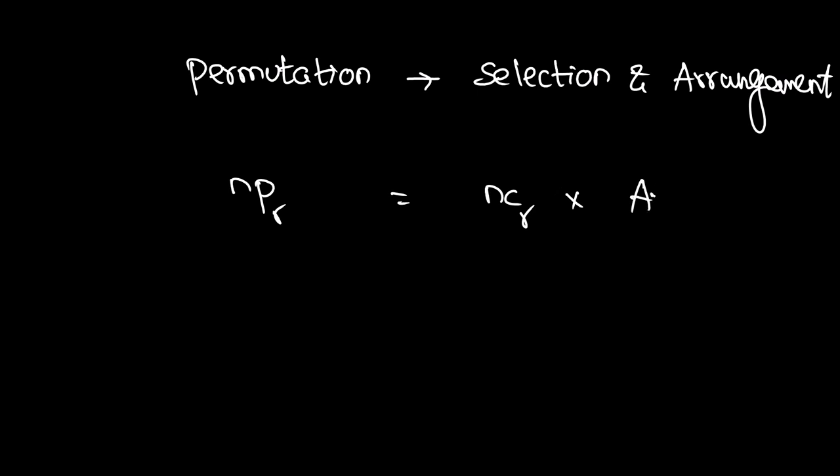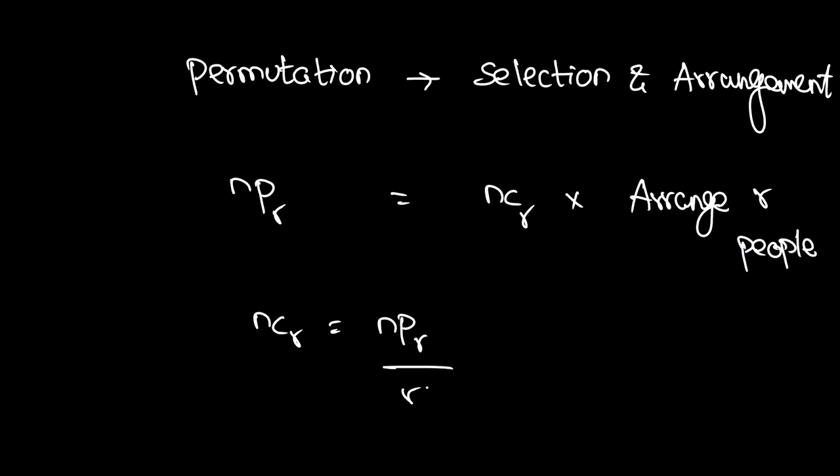Here I have to arrange r people, whom you selected. I selected how many people? r people. I have to arrange r. Arranging 5 people gives 5P5, 5 factorial. Arranging n people is nPn, n factorial. So this is why nCr is nothing but nPr divided by r factorial.